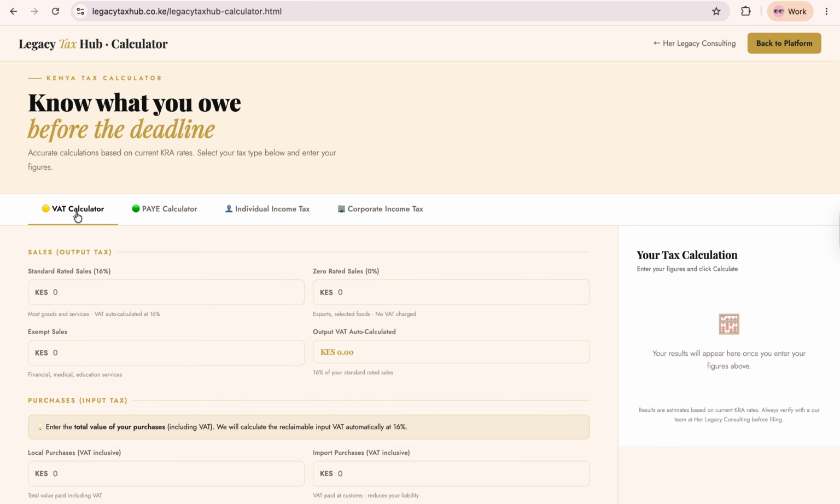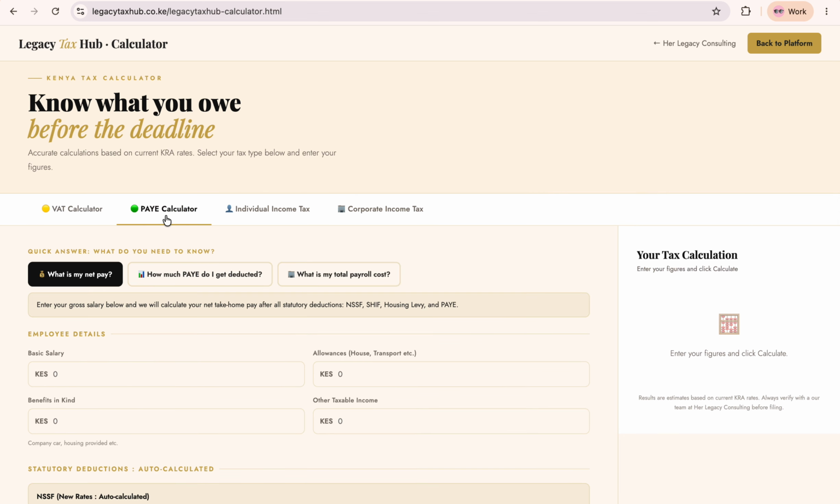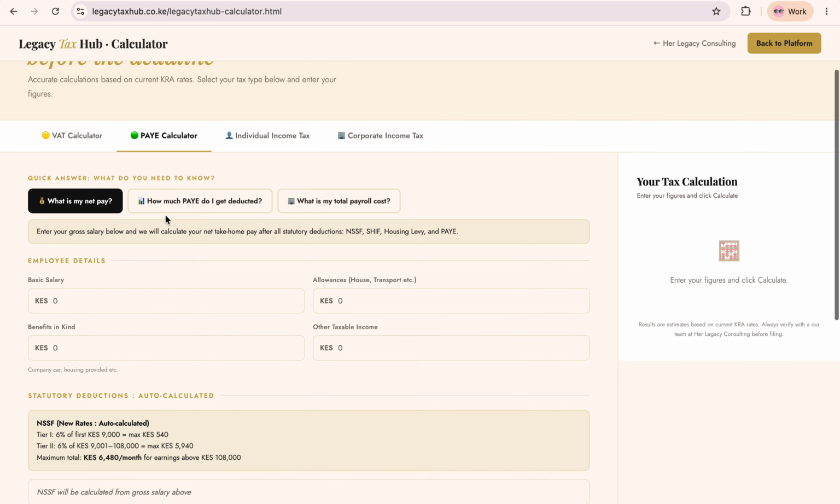You get to calculate VAT, you get to calculate PAYE, and in terms of PAYE, you get to calculate it in different ways. As an employee, what is my net pay? As an employee, how much do I get deducted?